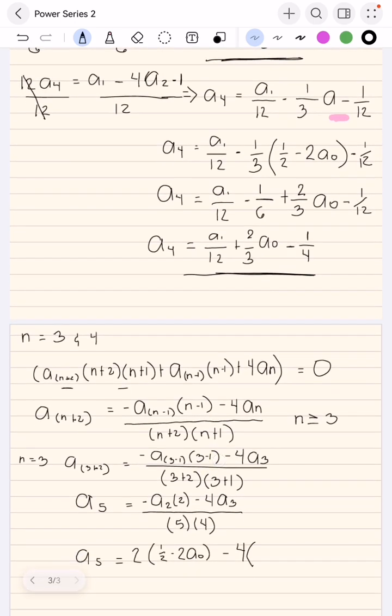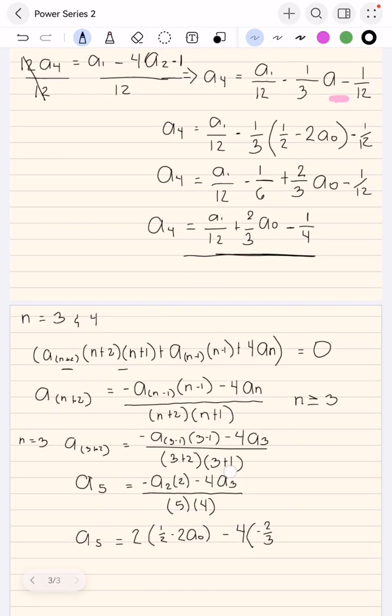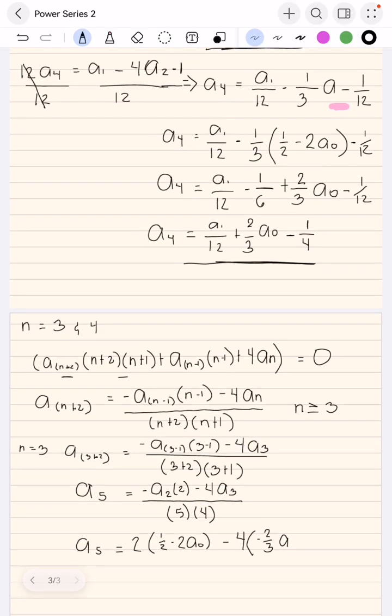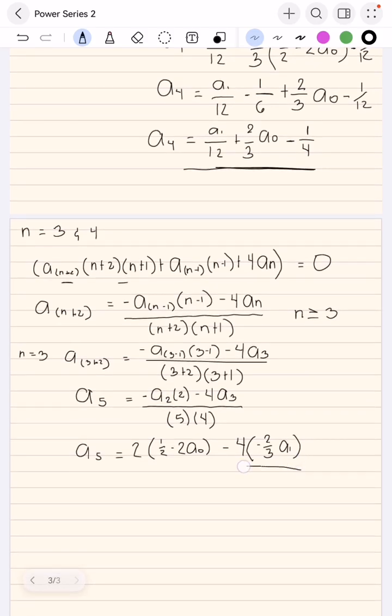Our a3 is negative 2 third. Oh, sorry. A1, right? And then over 5 over 4 equals to 1.